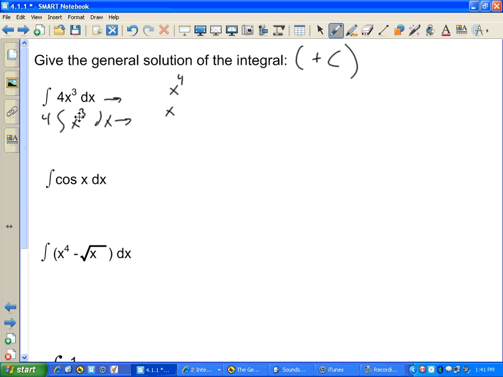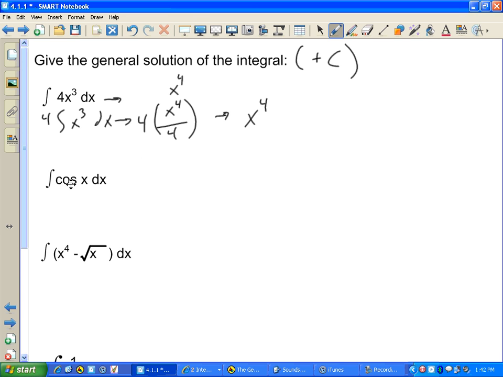So if I just integrate this part, I'm going to have this over that same number here. Okay, and then I'm bringing the 4 back in, and now when I bring it back, I get just x to the 4th. And maybe you saw that right from this, because of course if you take the derivative of x to the 4th, you get 4x cubed. But this is kind of how you can incorporate your constant rule and your power rule.